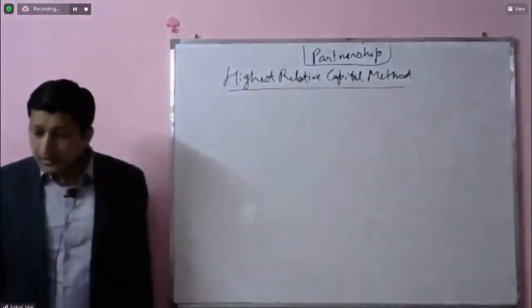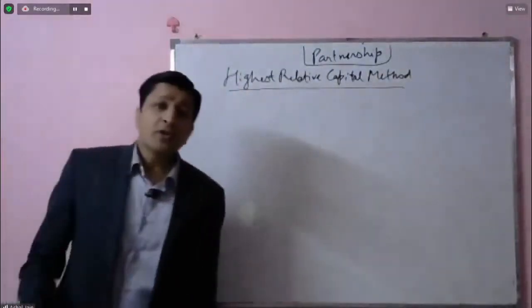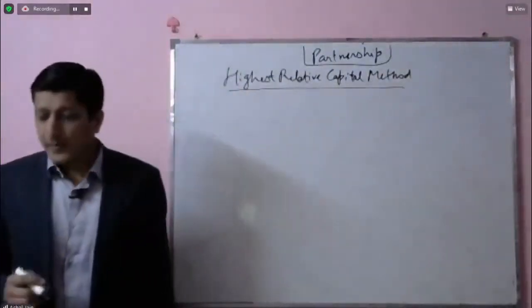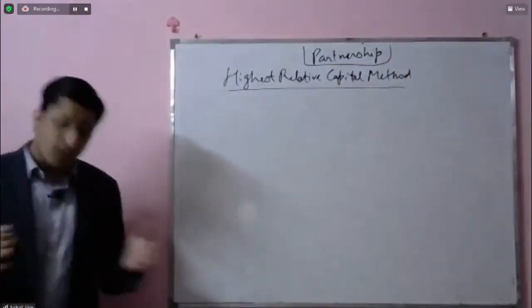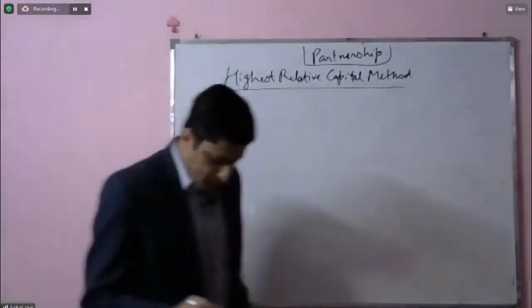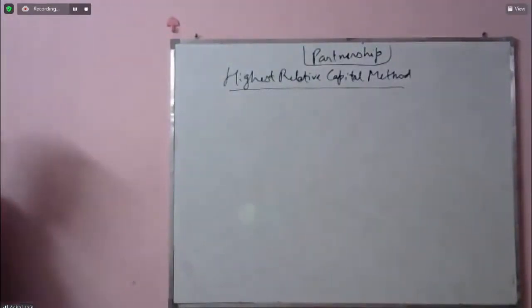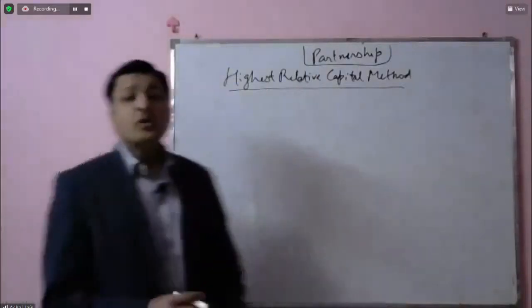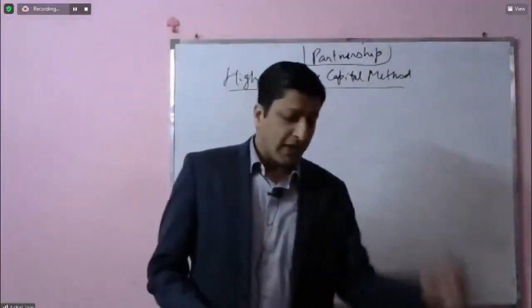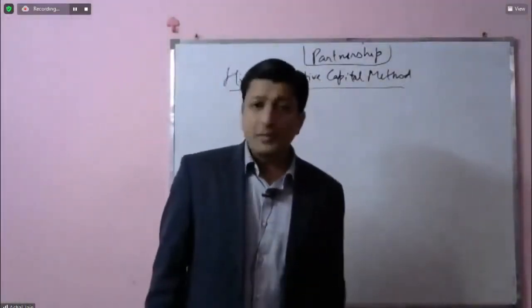This method requires computation of the highest relative capital amongst all the partners, and whichever partner has the highest relative capital, that partner will start getting the amount which would be realized from any of the assets of the partnership firm.